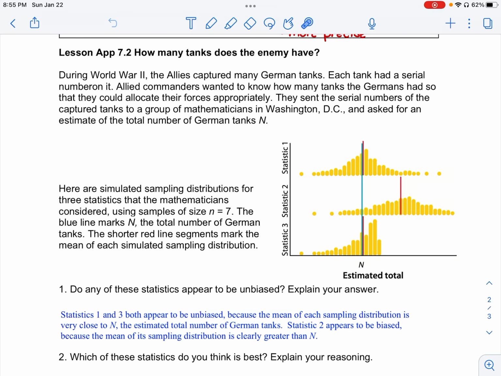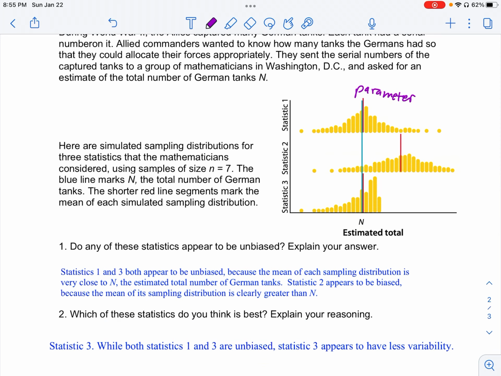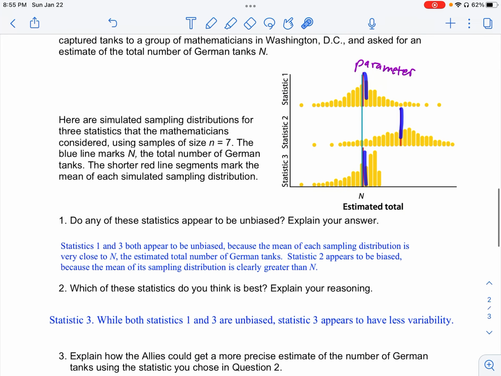The blue line down the middle of the whole thing marks the total number of German tanks. So this is the parameter right here, N, and the red line is the statistic. So red, red, red.